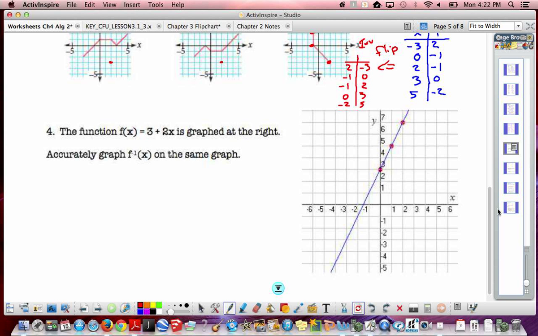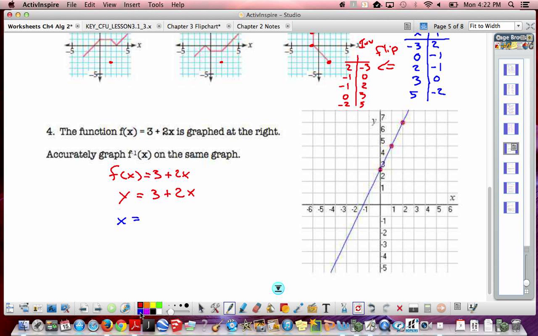Next up here it says the function 3 plus 2x is graphed to the right. Accurately graph the inverse on the same graph. So I'm going to take the function f of x equals 3 plus 2x, replace the f of x with y, then I'm going to interchange the x and y's. So now x equals, whoops, I apologize, I forgot the x there.